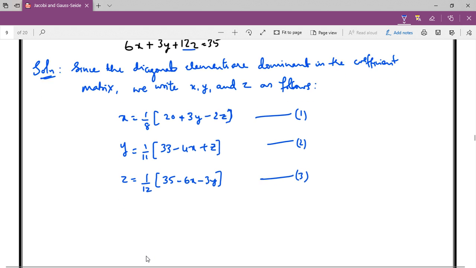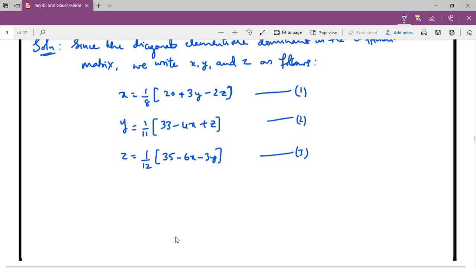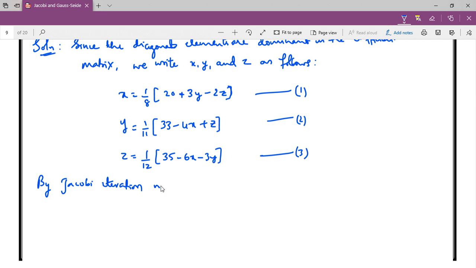Taking initial values, since we are dealing with the Jacobi iteration method, note carefully, first we are dealing with Jacobi-iteration.